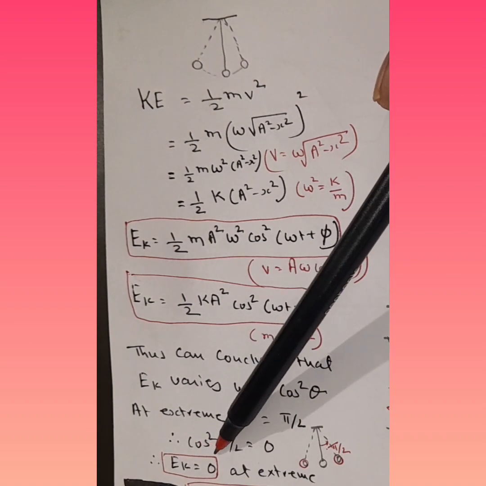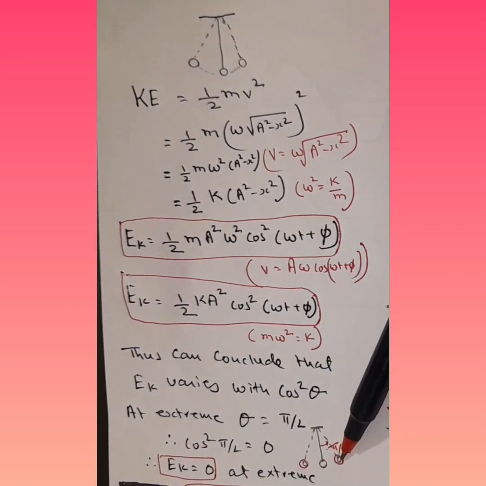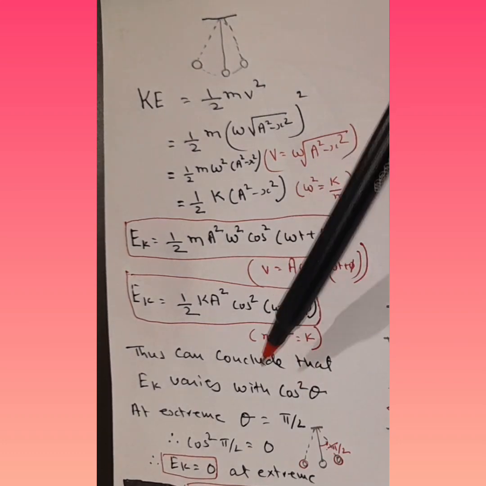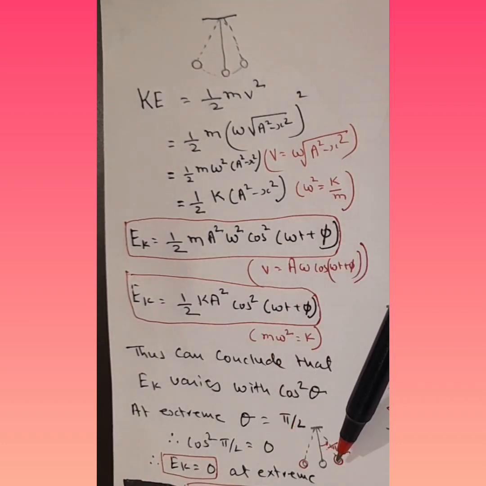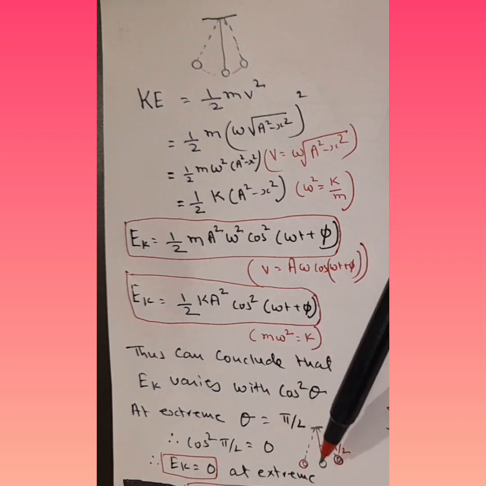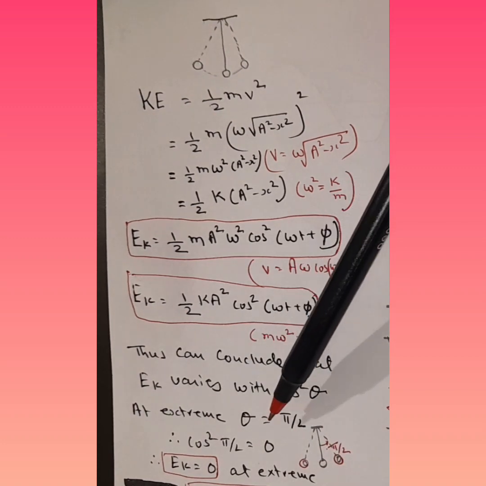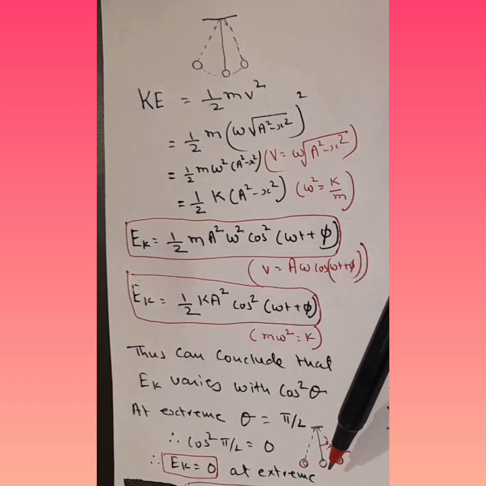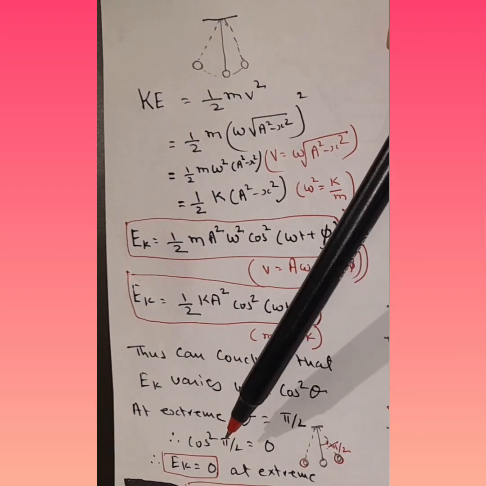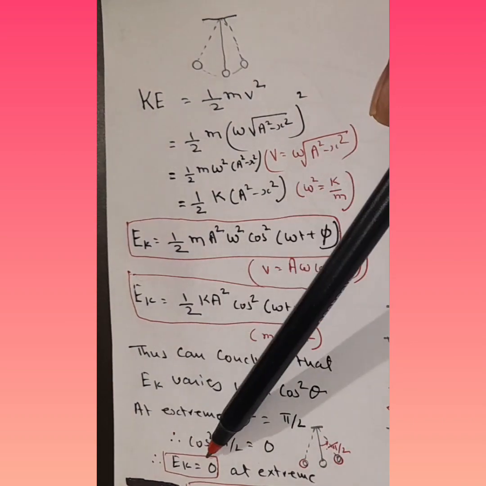So kinetic energy at extreme would be 0 as per the derivation, and that we have seen earlier also. Theoretically also we know the pendulum stops at the extreme position, so velocity is 0. So that's what we got. So when theta is equal to pi by 2, that is at extreme, the value of Ek is 0.